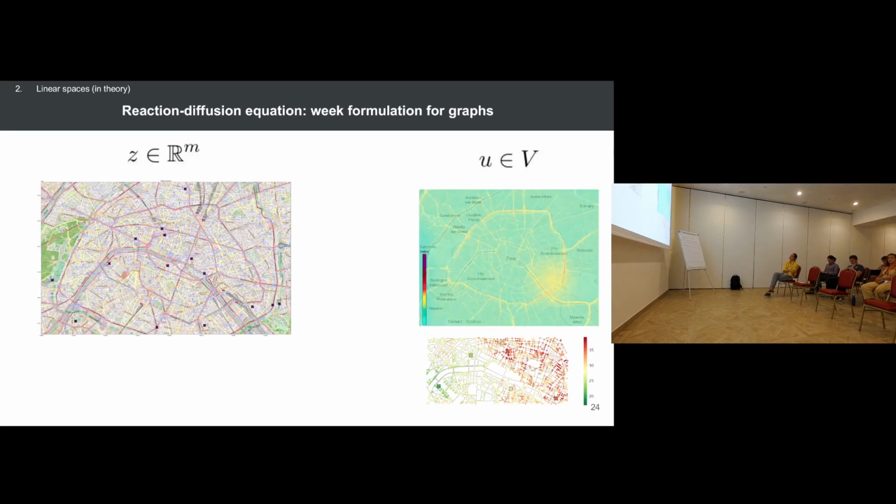We'll not focus on this, but I wanted to mention it because we are working on an inverse problem in which we have measurements of pollution around Paris at some points, and we want to build a map of pollution around Paris.